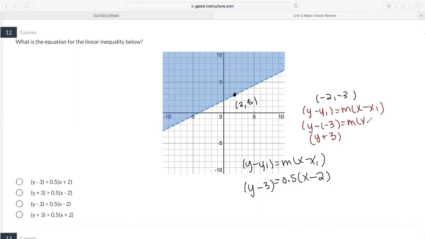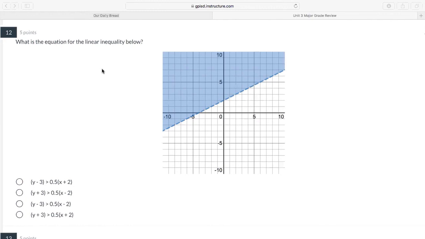Equals m times x minus -2. Well, this would make it x plus 2 because of negative. So that's why it's the opposite sign, because the formula has minus signs. So when you're just plugging in, positive numbers would keep the minus sign, but negative numbers would make them positive. So that's why it's opposite. So maybe understanding why will help you remember.